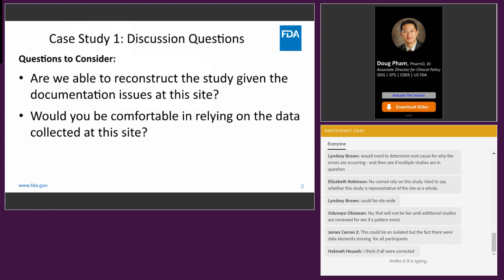What are they? How important are they to the study? And how important are they for you to reconstruct the entire study? Those factor in how you contemplate the effect it is going to have on your analysis of reliability and acceptability.